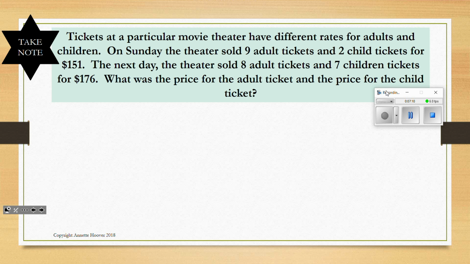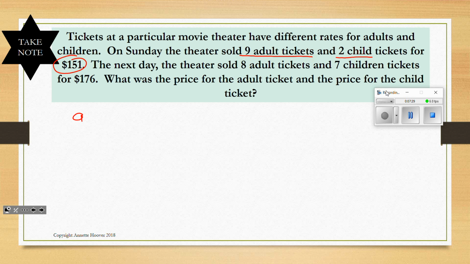In this particular example, we have 2 different days. We have Sunday and we have Monday, since it says the next day. So we're making an equation for each of the 2 days. On Sunday, 9 adult tickets and 2 child tickets for a total of 151.